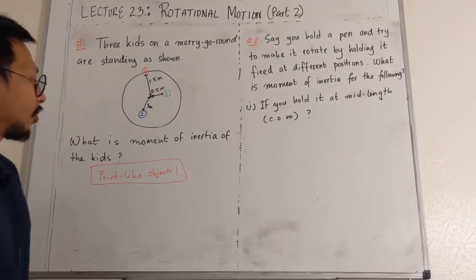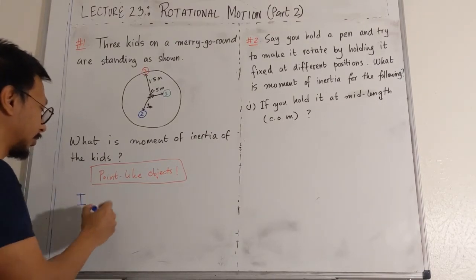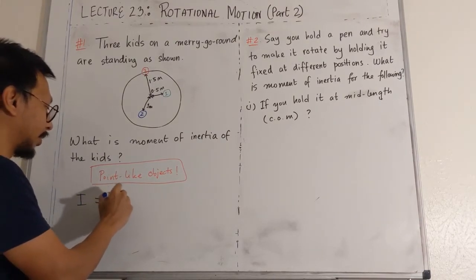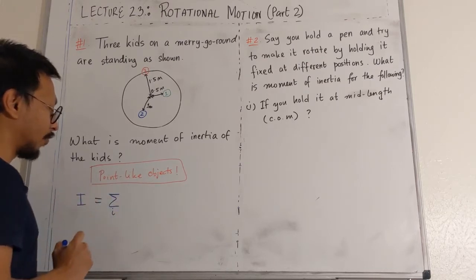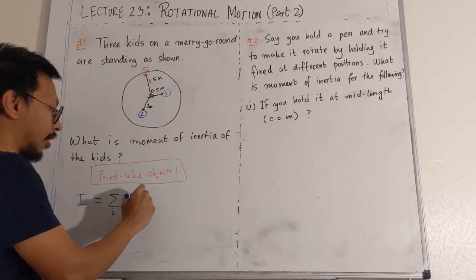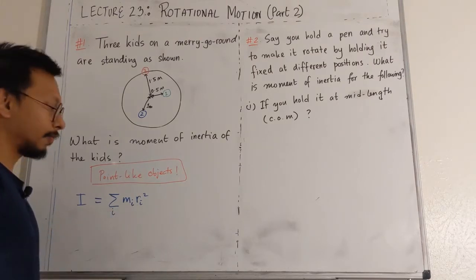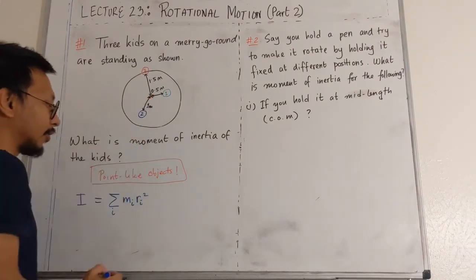Let's go about solving our problem. Now, moment of inertia for a system of particles was defined as I equal to the summation over i of the product of mass i times r_i squared. r is the distance of each of these ith particles or objects from the fixed axis of rotation.